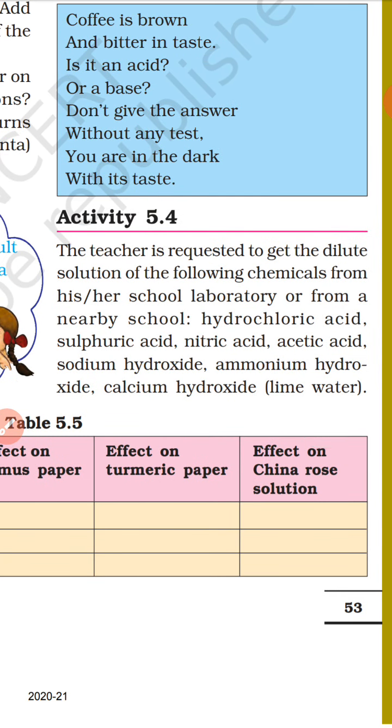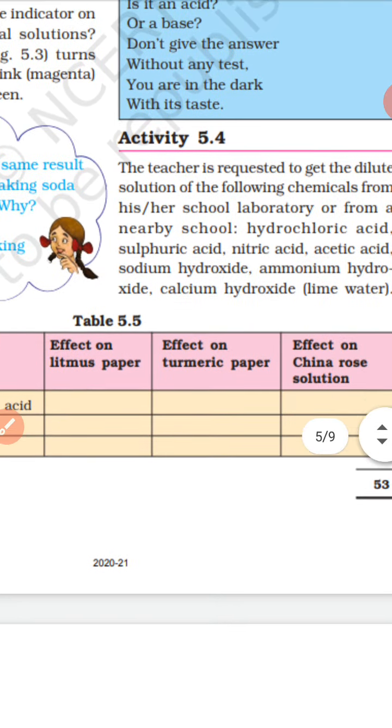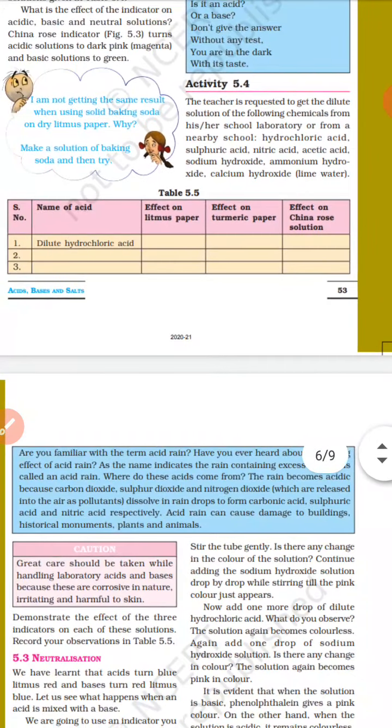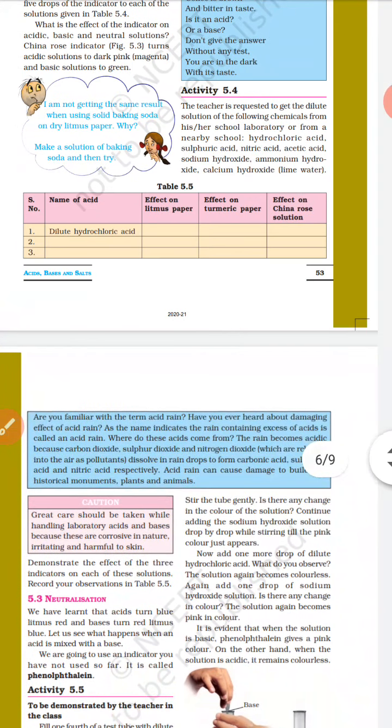The teacher is requested to get the dilute solution of the following chemicals from his or her school laboratory or from a nearby school: hydrochloric acid, sulfuric acid, nitric acid, acetic acid, sodium hydroxide, ammonium hydroxide or calcium hydroxide, or lime water. Demonstrate the effect of the three indicators on each of these solutions and record your observation.